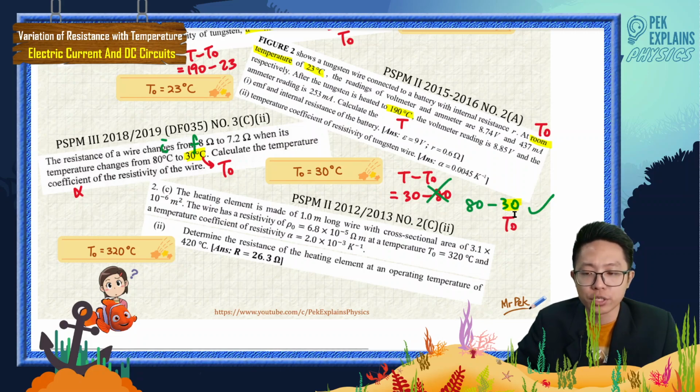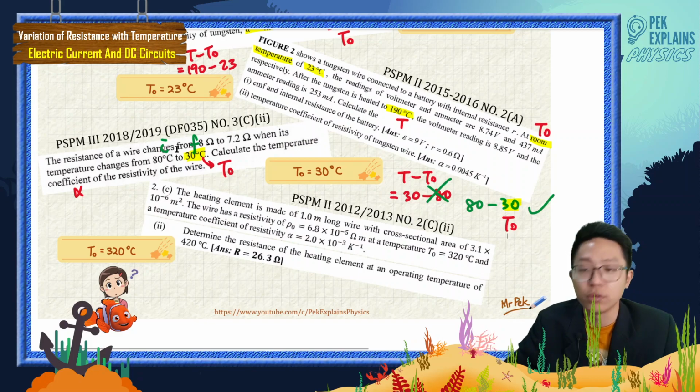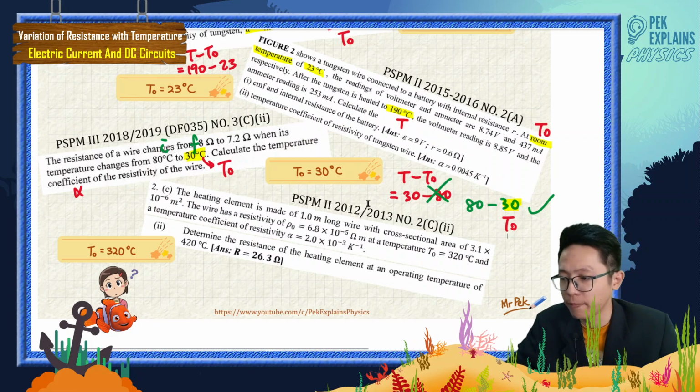Don't use the concept of final minus initial. If you do the other way, 30 minus 80, you get a wrong answer. You get a different alpha compared to 80 minus 30. Try and work it out.